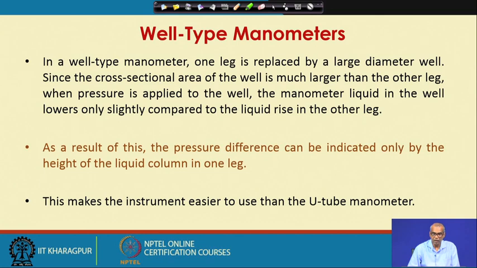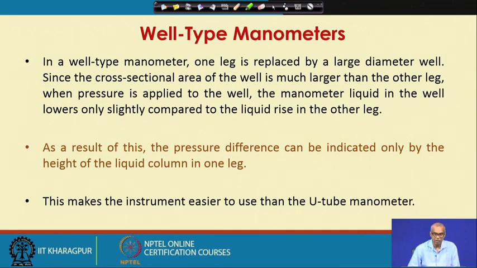Since the cross sectional area of the well is much larger than the other leg, when pressure is applied to the well, the manometer liquid in the well lowers only slightly compared to the liquid rise in the other leg. As a result of this, the pressure difference can be indicated only by the height of the liquid column in one leg. So, you do not have to measure the liquid level in both the legs.